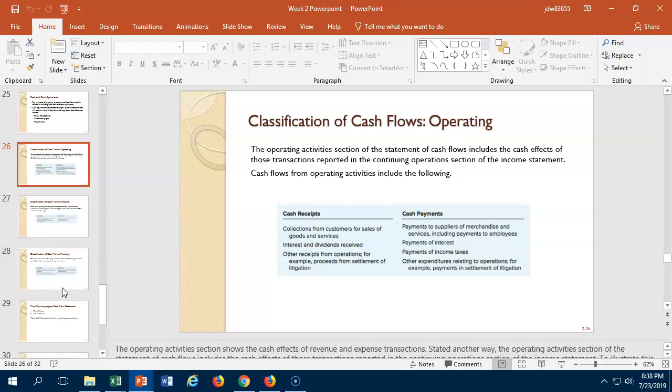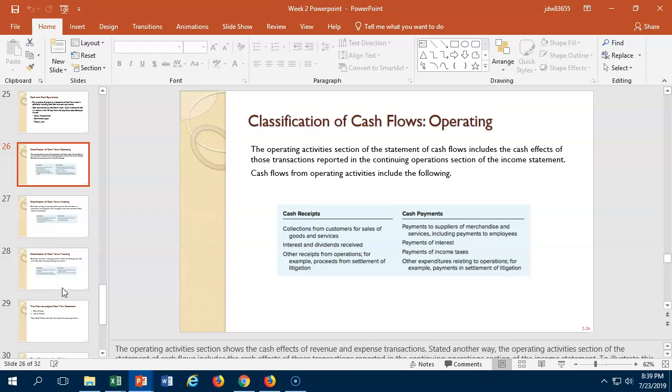Are you starting to understand why you would group these in these different sections? One way to think of it is the operating activities. These are the cash receipts and cash payments from just normal operations of your business.